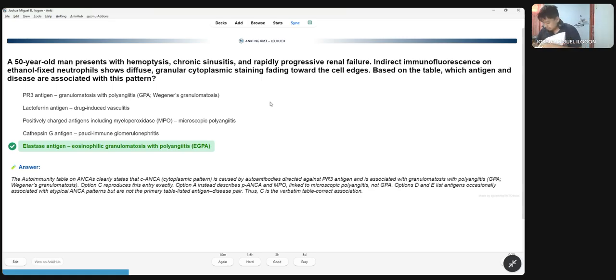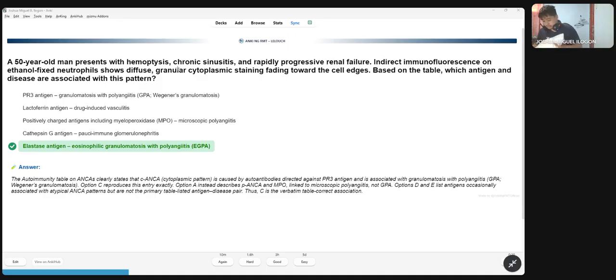What table is that? Oh, it exists. Oh, it's in ANCA.